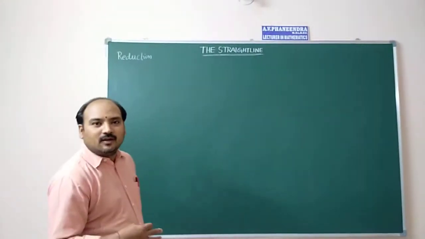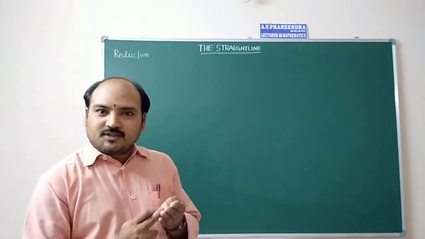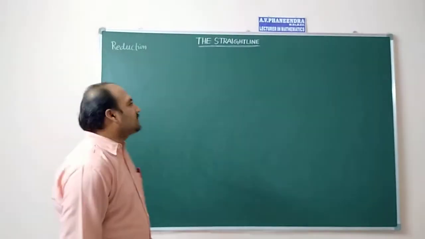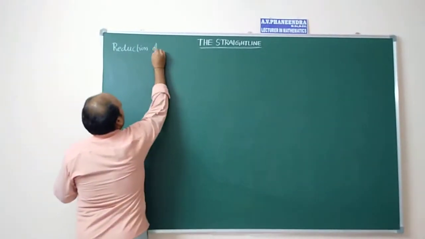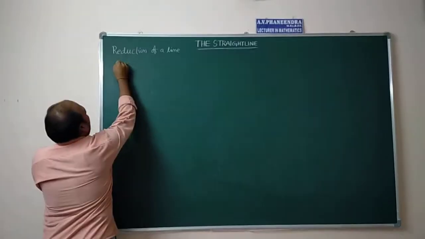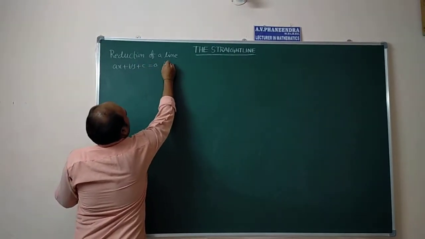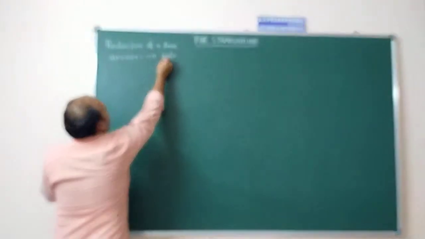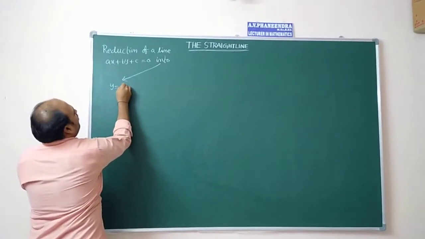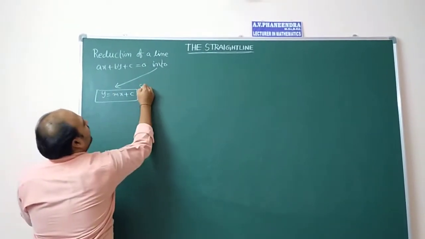Direction of the line into slope intercept form and normal form. This is a very important concept. Reduction of a general equation of line ax plus by plus c equal to 0 into the first form y is equal to mx plus c, that means slope intercept form.